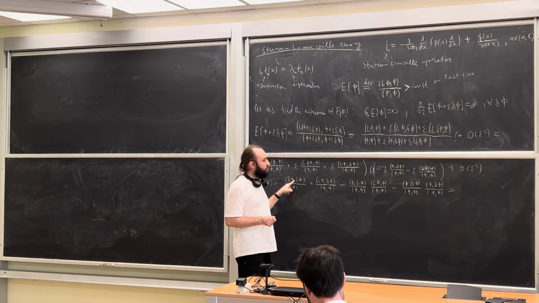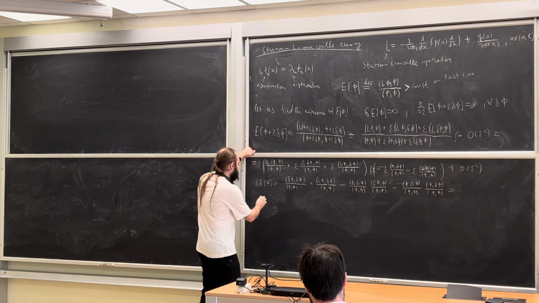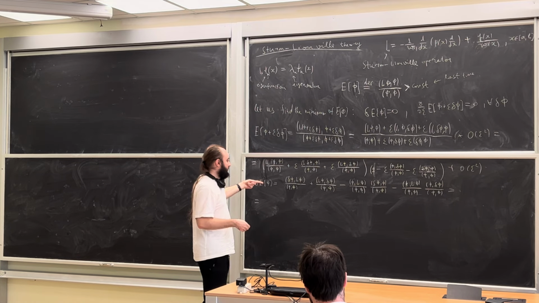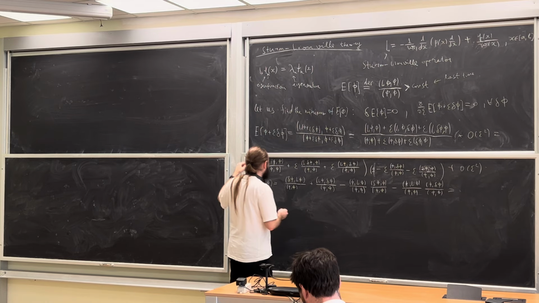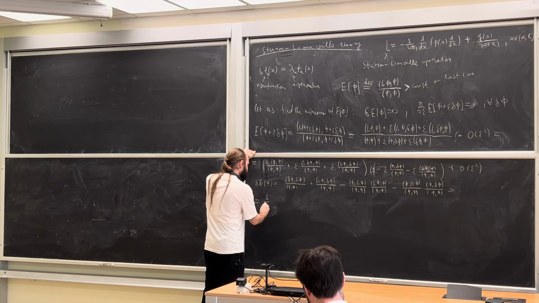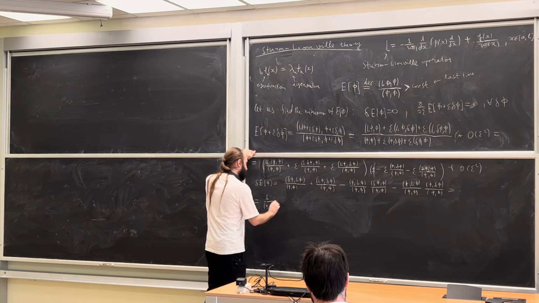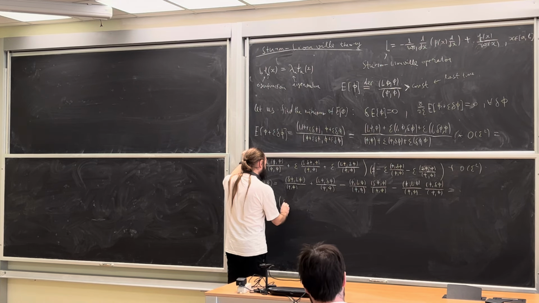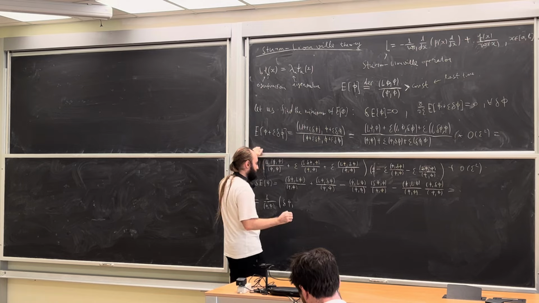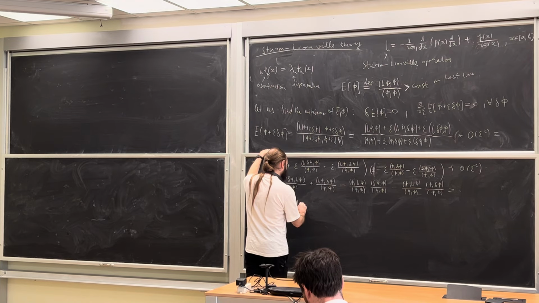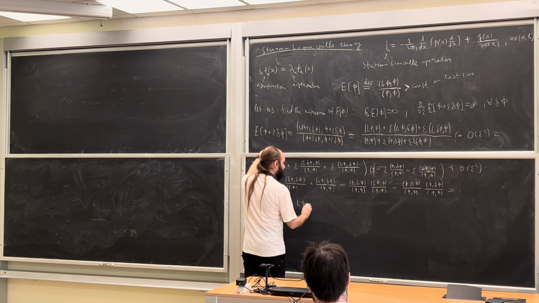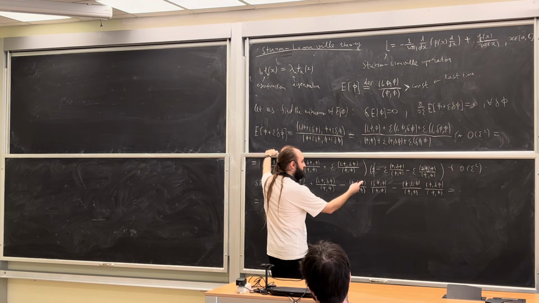Let us try to express it as a scalar product of something with delta phi. So this can be written as 1 over phi, delta phi scalar product with phi minus this expression.